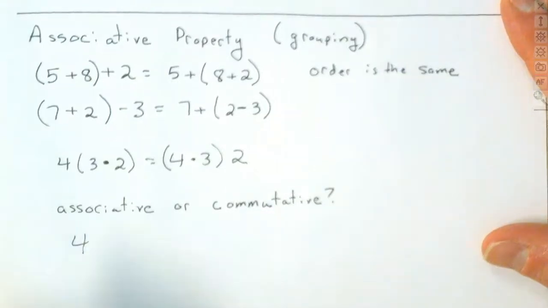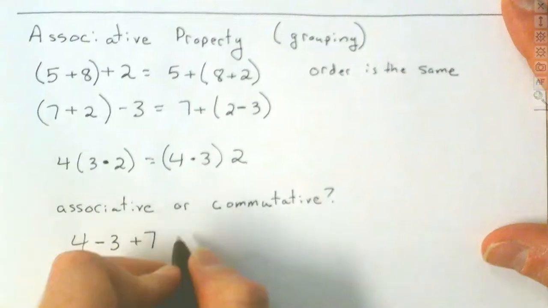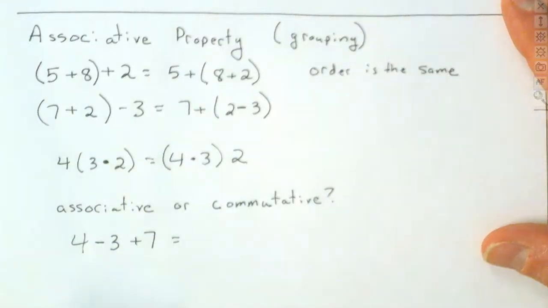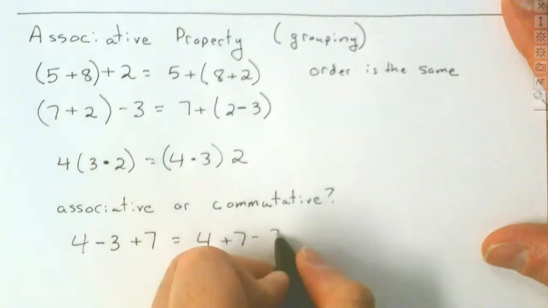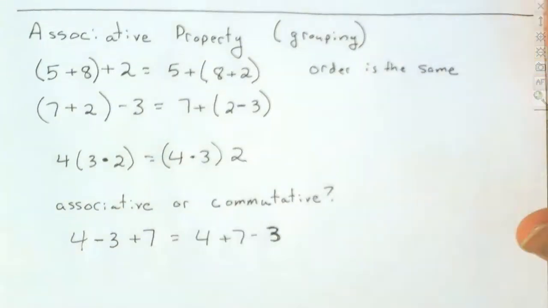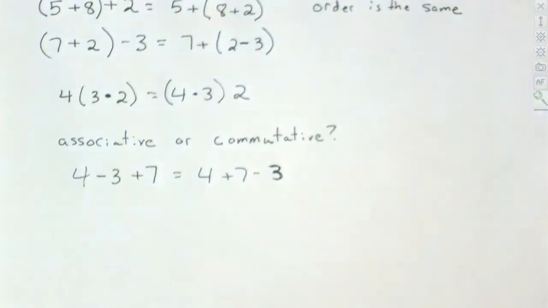How about 4 minus 3 plus 7 is 4 plus 7 minus 3. Okay, so associative or commutative, which one and why? Commutative, right? Because we switched the order, didn't we? Right? Everything stayed the same.